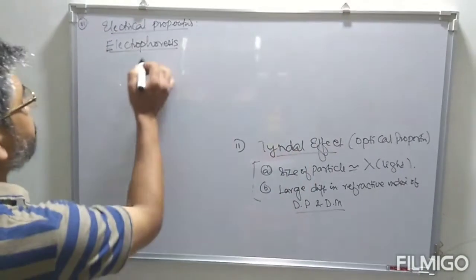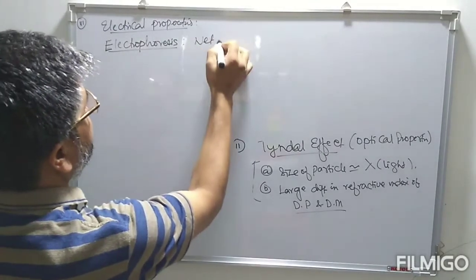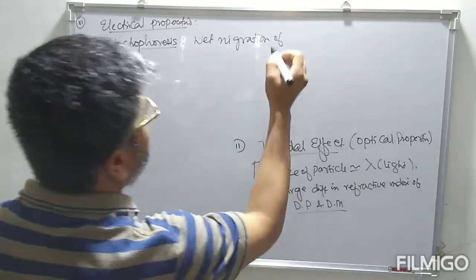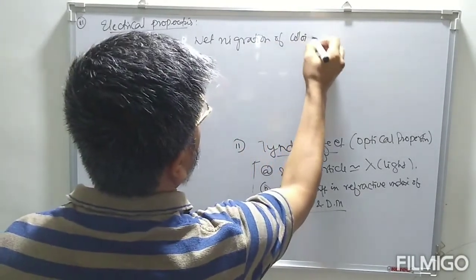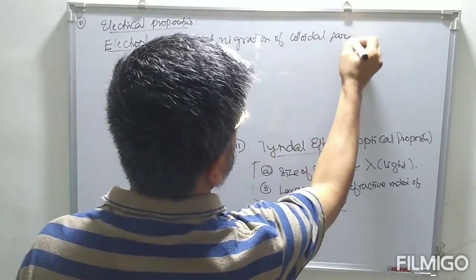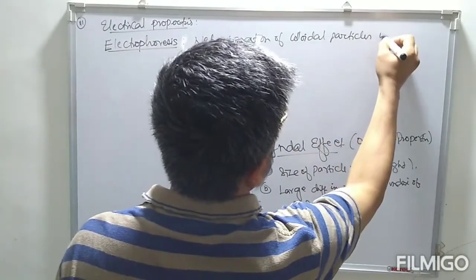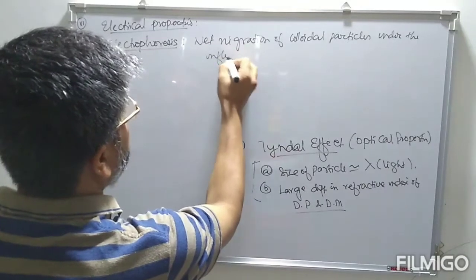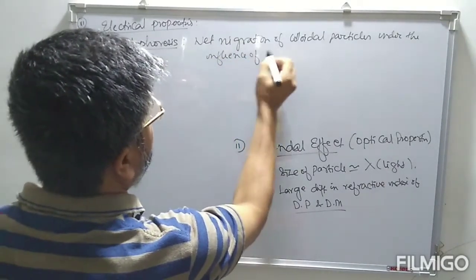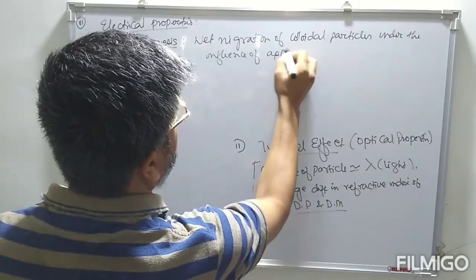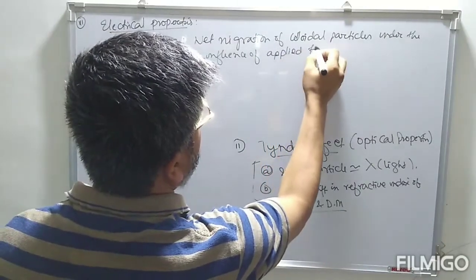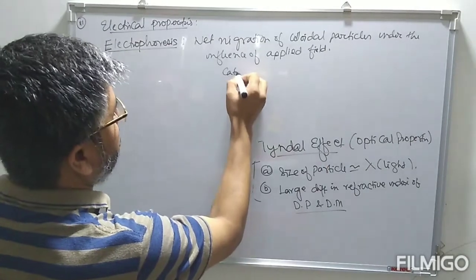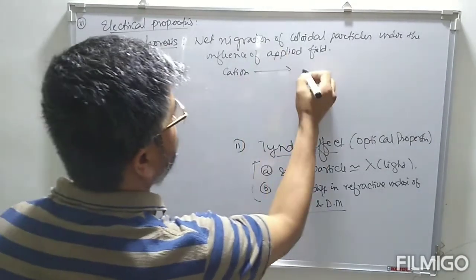So this is net migration of colloidal particles under the influence of an applied field. If you have cations, they move towards the cathode.